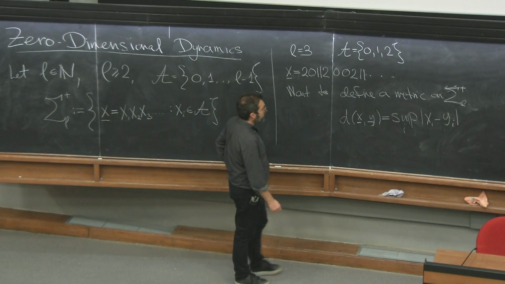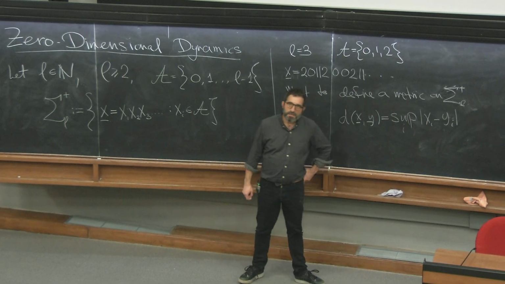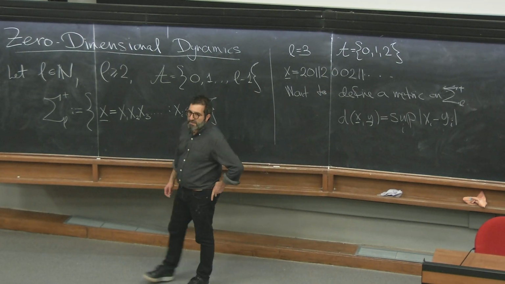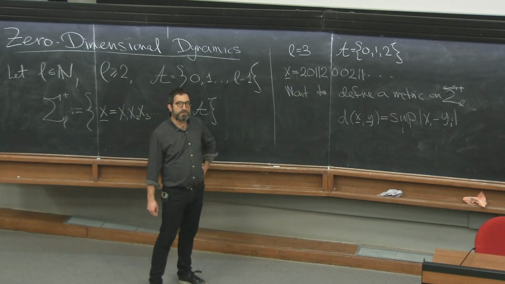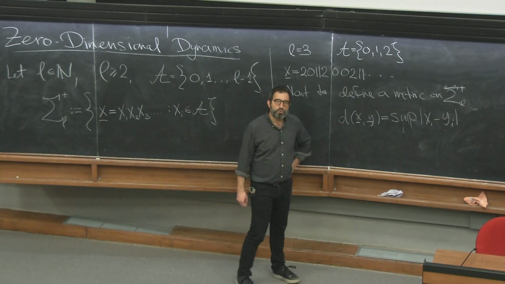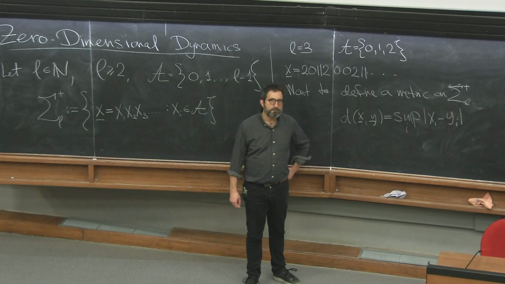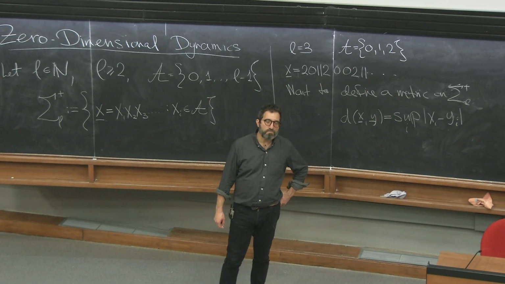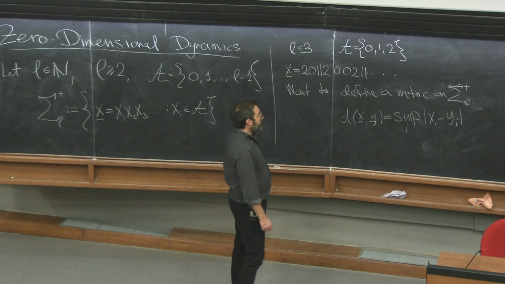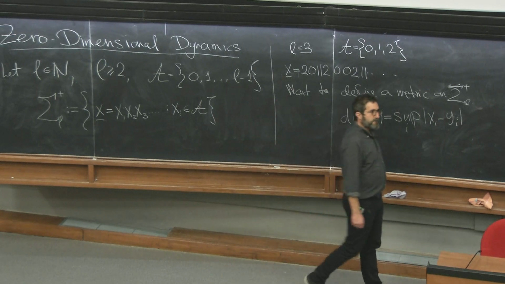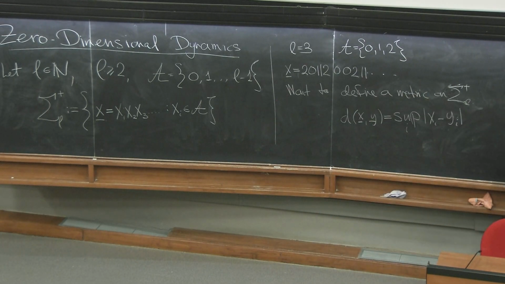So what kind of space do we get with this metric? What is the possible distance between two sequences? From 0 to L minus 1, right.